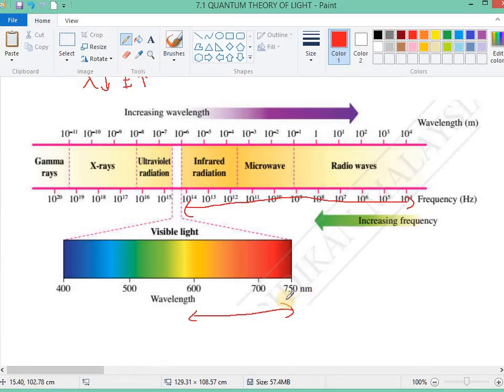More energy goes towards wavelengths within visible light, in the range of red to yellow color.